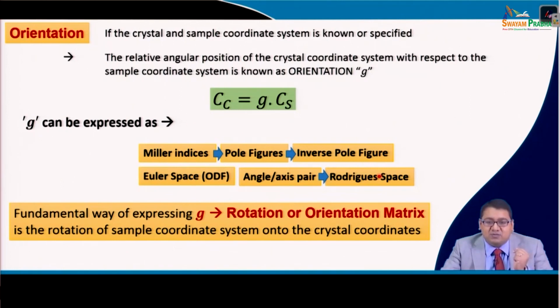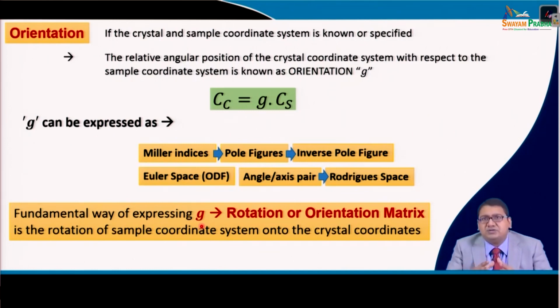These are the important tools by which we express the orientation that we obtain in our experiments. But the most fundamental way of expressing G is the rotation matrix or the orientation matrix.